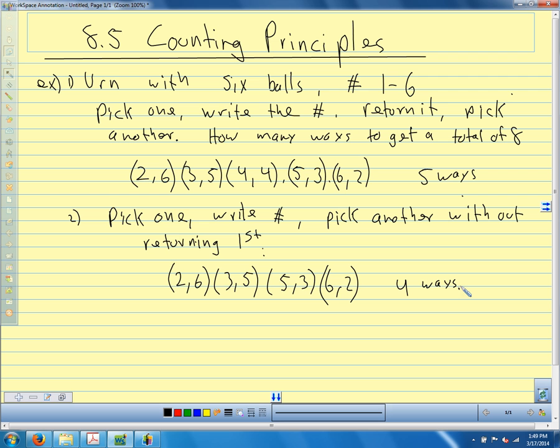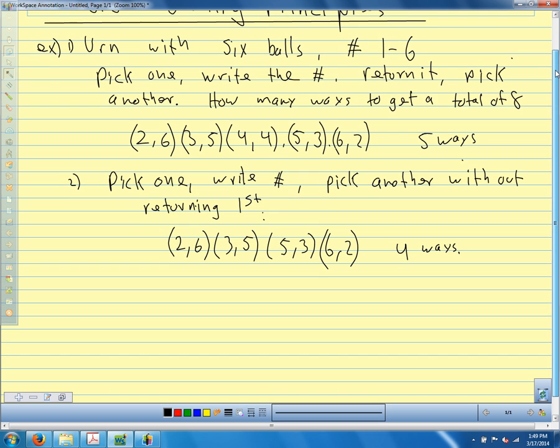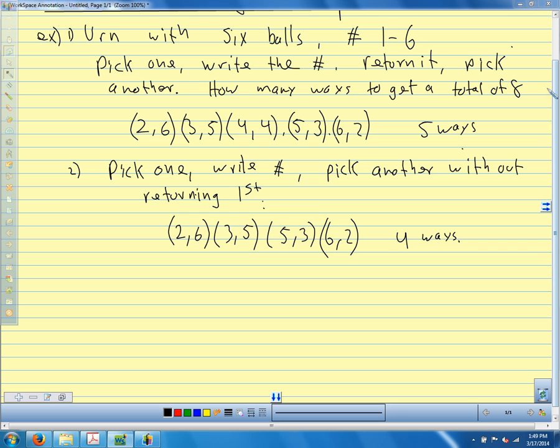We call the first example with replacement, and the second example without replacement.